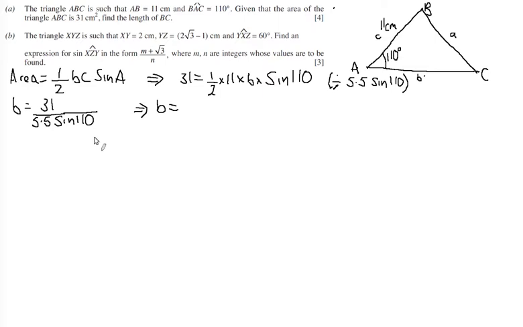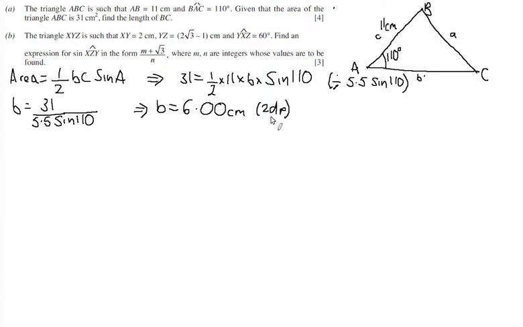Just working that out on my calculator now. It's important that we get the most accurate answer possible, as you'll see when I work through this question. It rounds to 6.00 centimeters to two decimal places.